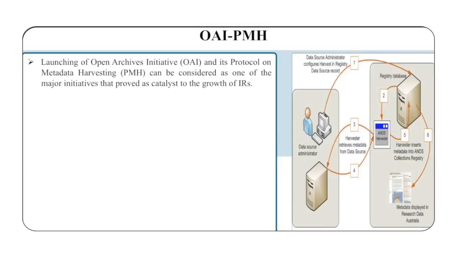Launching of Open Archives Initiative or OAI and its Protocol on Metadata Harvesting, PMH, can be considered as one of the major initiatives that proved as a catalyst to the growth of IRs.